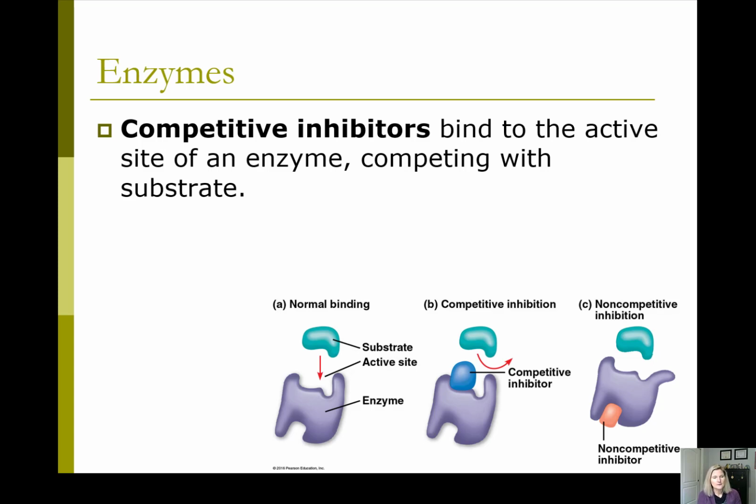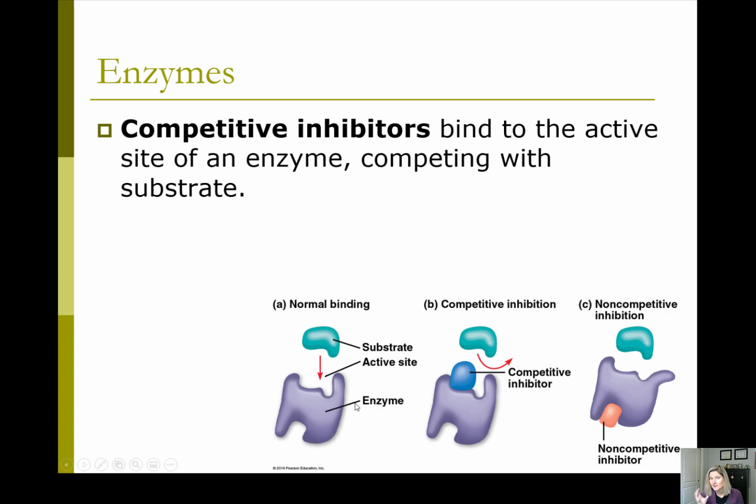Something could change the active site, and that's called a competitive inhibitor. A competitive inhibitor ends up binding to the active site of an enzyme, and that will basically force the substrate to move on. It can no longer bind to it. Here's an example of an enzyme.